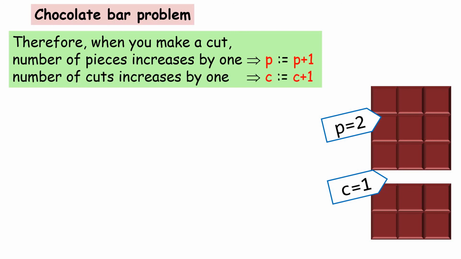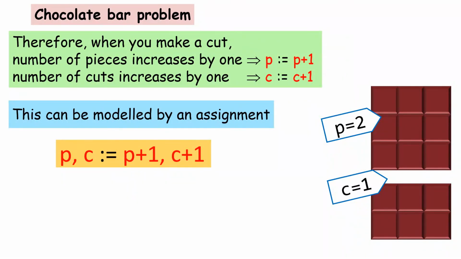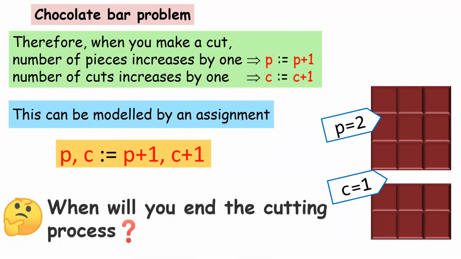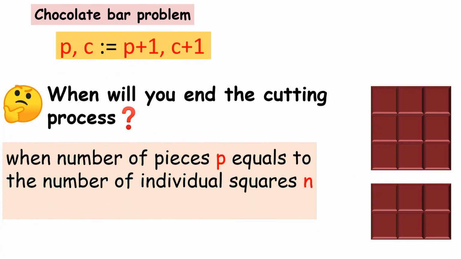And the number of cuts increases by 1, which implies C := C + 1. This can be modeled by an assignment P, C := P + 1, C + 1. When will you end the cutting process? When the number of pieces P equals the number of individual squares N. That is, when P is equal to N.